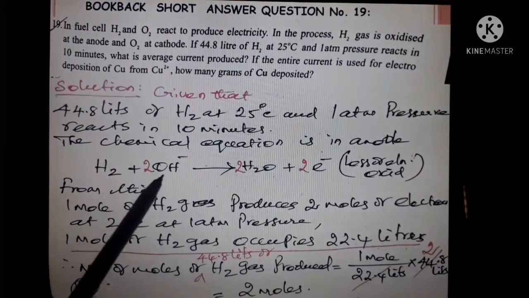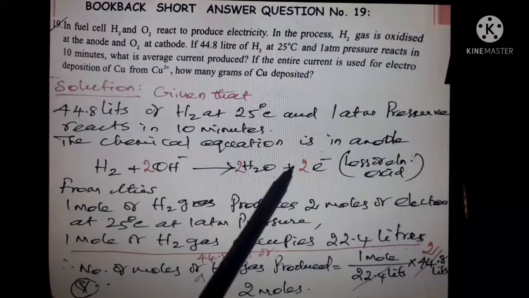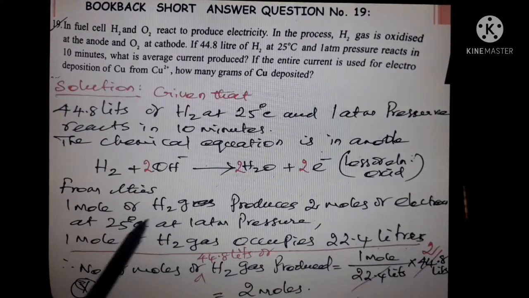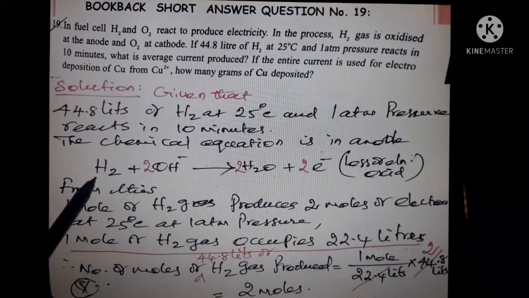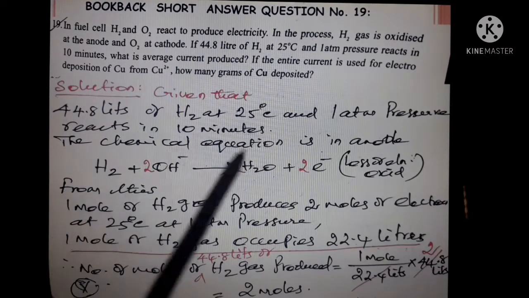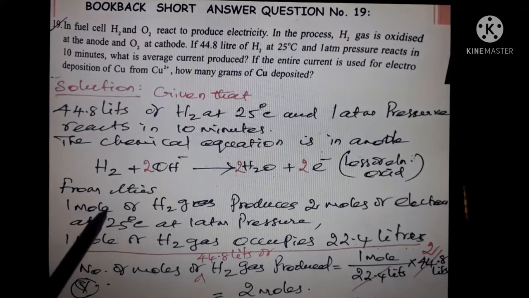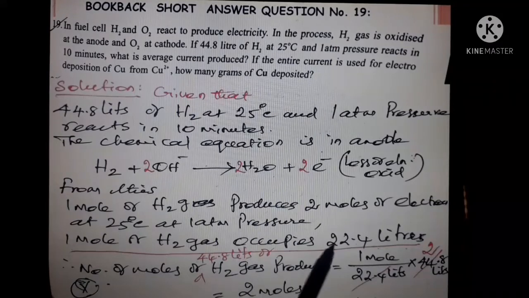From this equation, how many electrons are released? 2 electrons are released. 1 mole of hydrogen gas produces 2 moles of electrons. Now 1 mole of hydrogen occupies 22.4 liters. This is the standard STP value. Now the number of moles in 44.8 liters, already given in the question. 44.8 liters of hydrogen reacts. 1 mole of hydrogen occupies 22.4 liters.